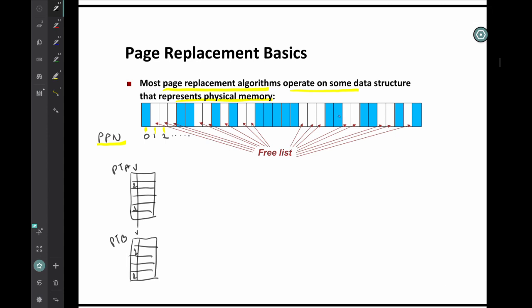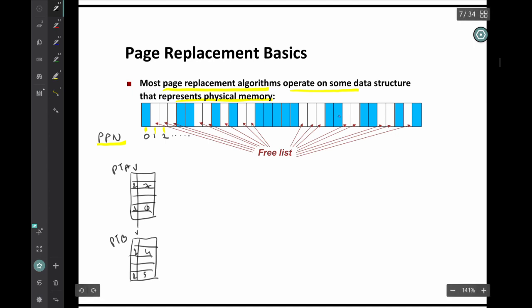Then look at the PPN values, because when the valid bit is 1, I have a PPN value. Say this PPN value is 0, this one has a PPN value of say 7, this one a PPN value of say 4, and this one a PPN value of say 5.